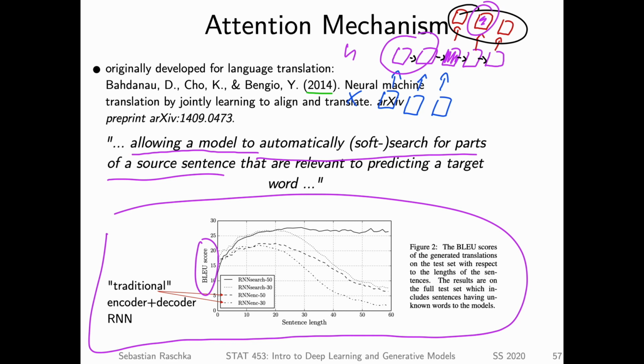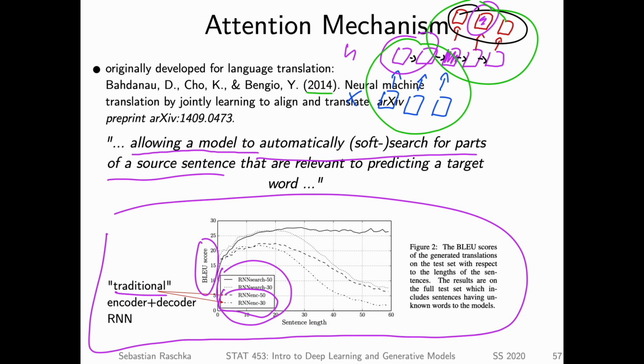You want to have a high BLEU score when you produce good translations. They compare four things here. The two things at the bottom are regular RNNs. These are the traditional RNNs with an encoder and decoder part. We call this part the encoder part and this part the decoder part.